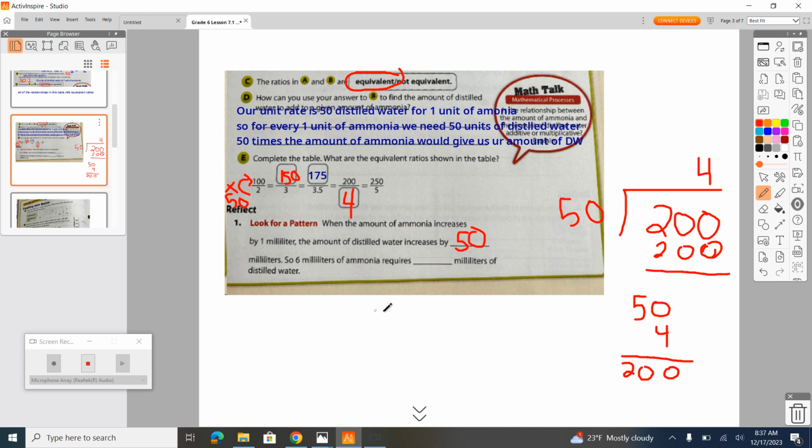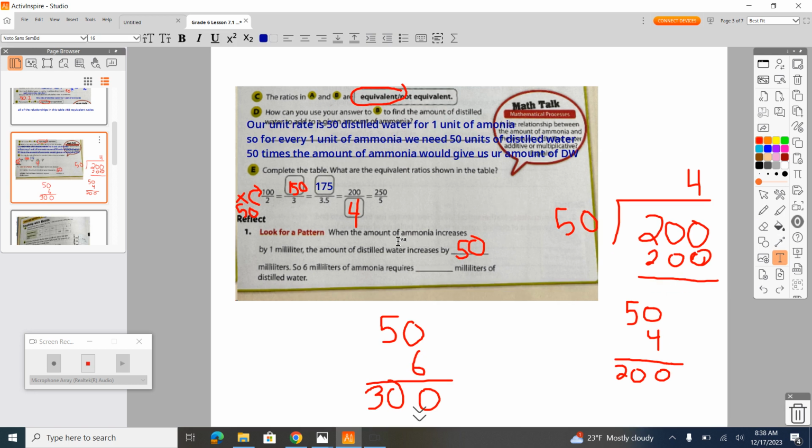I'm going to put my 50 on the top because it's larger than 6. And when I multiply, I can multiply numbers in any order. 0 times 6 is 0. 5 times 6 is 30. So for this one, I would need 300 milliliters of distilled water.